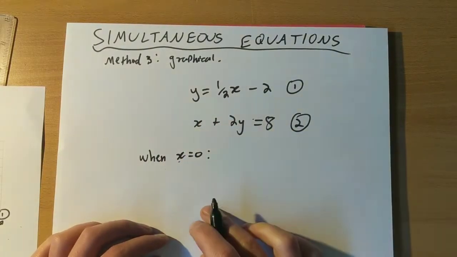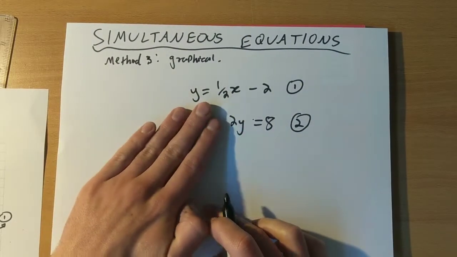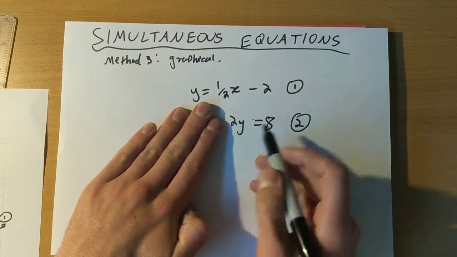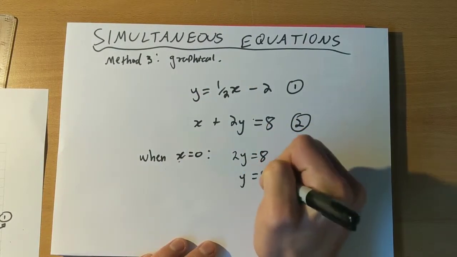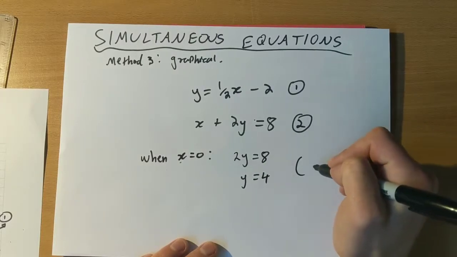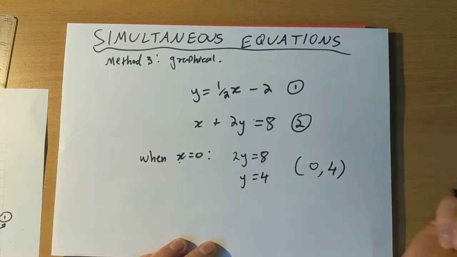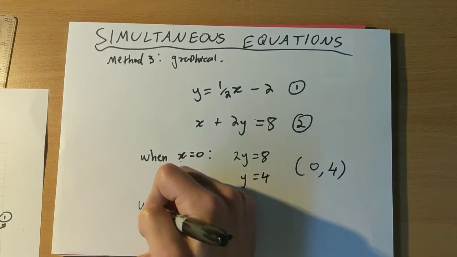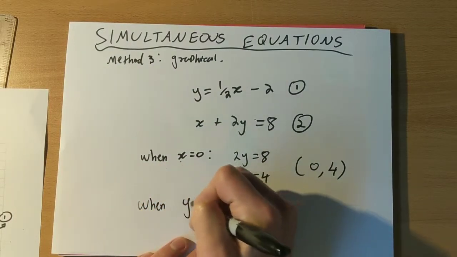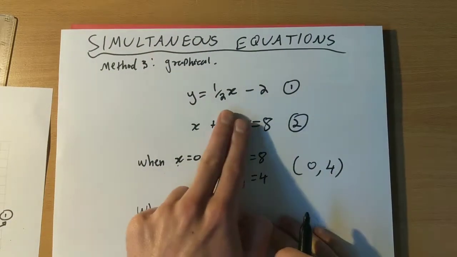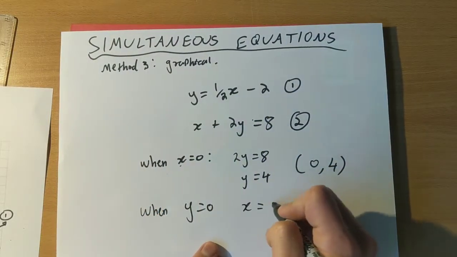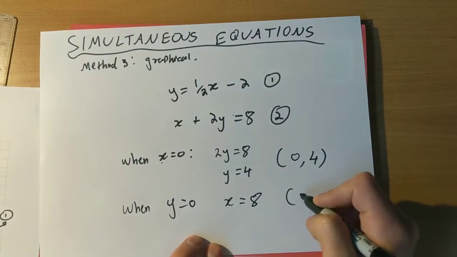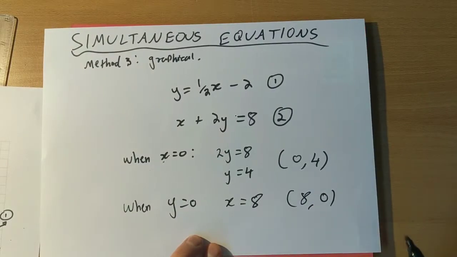So when x equals 0, I get that 2y equals 8, which means that y equals 4. So that would be the point 0, 4 on the graph. And when y equals 0, I simply get that x equals 8. So when y equals 0, x equals 8, which gives me the point 8, 0.